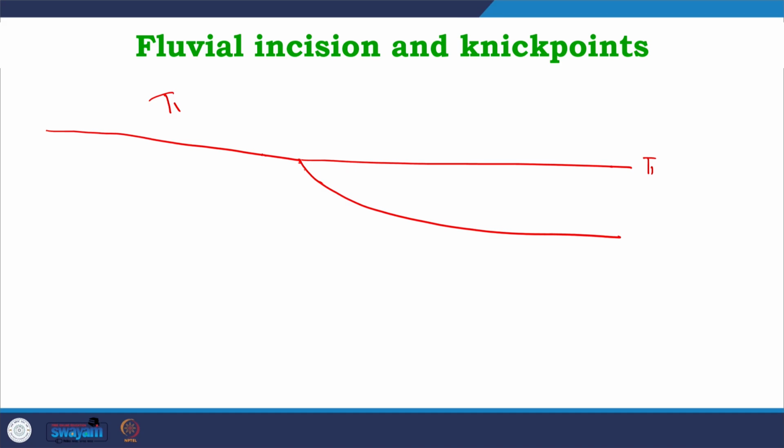Now, from here the base level is falling and it is coming down to level t2, or time t2, gradually falling. So, during this phase of fall, when initially the fall started, the initial erosion was confined over here.